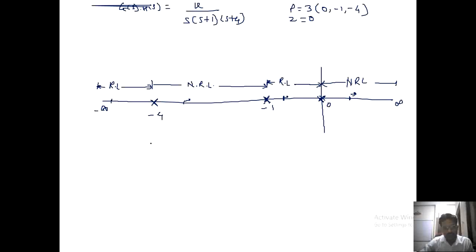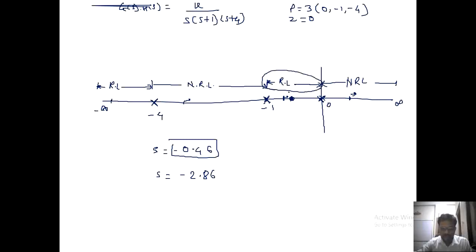Got it? Now our breakaway point values are minus 0.46 and minus 2.86. So place these values. Minus 0.46 will come here, between 0 to minus 1, and this is a root locus region.